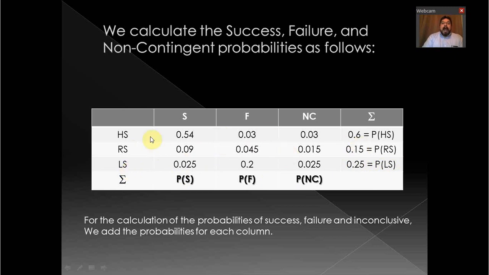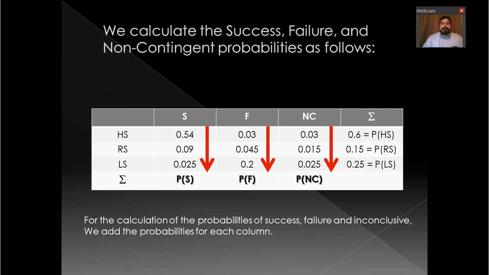So if adding each row gave us this information that we already had, what will happen if we add all the data in each column, the column of success, failure, and non-conclusive results? We will have the probabilities of success, failure, and non-conclusive results, which we need in order to apply the Bayes theorem again to solve the probabilities in our decision tree.